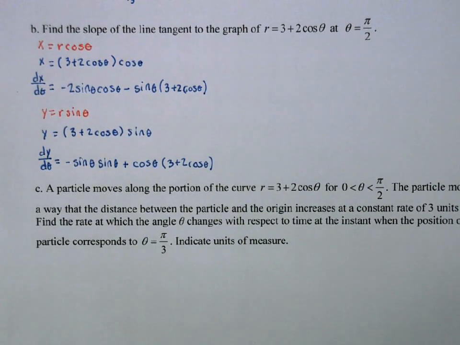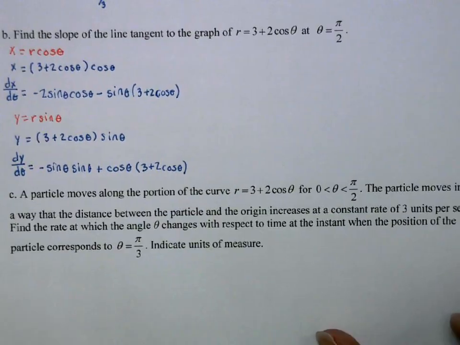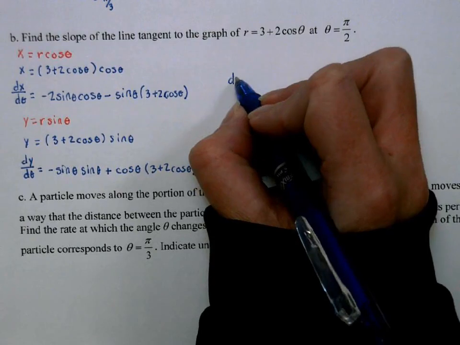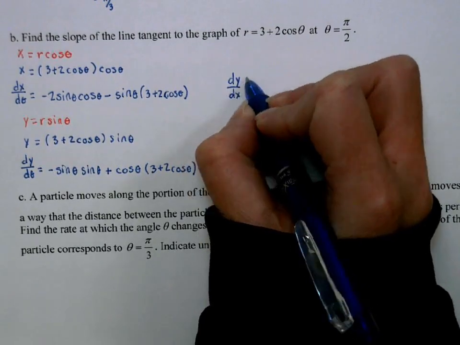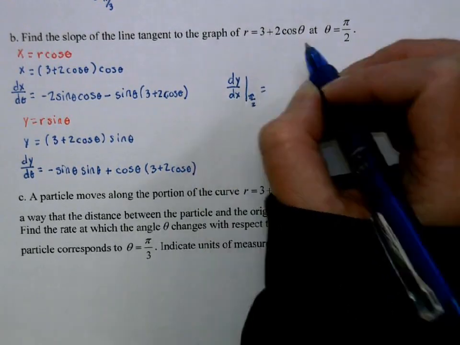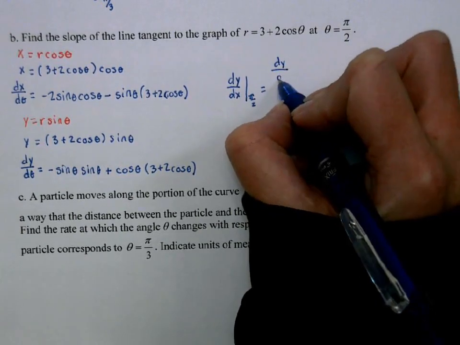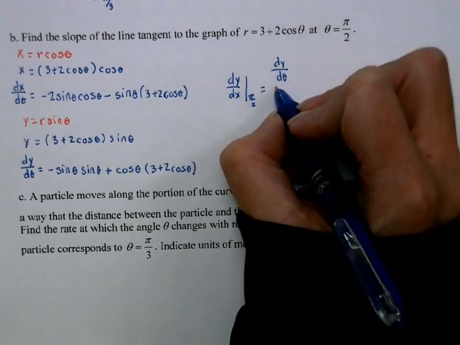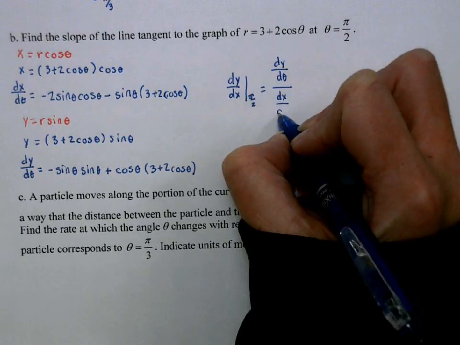Okay, for the slope at pi over 2, we're finding dy dx at pi over 2, which is going to be dy d theta over dx d theta, evaluated at pi over 2.